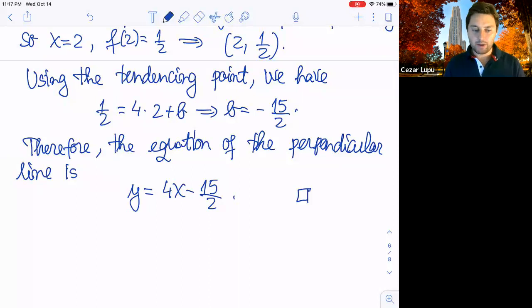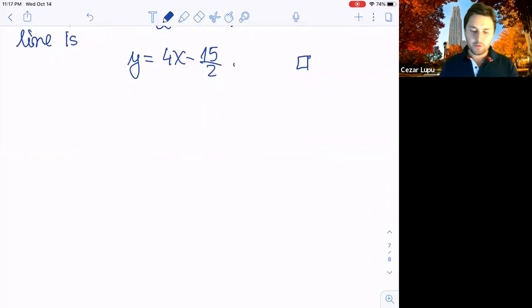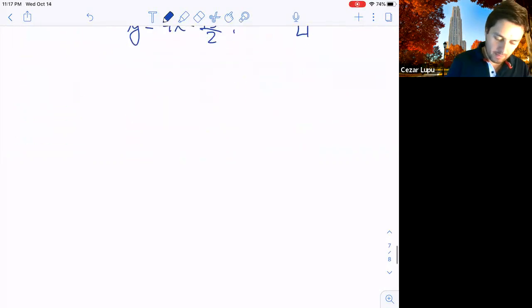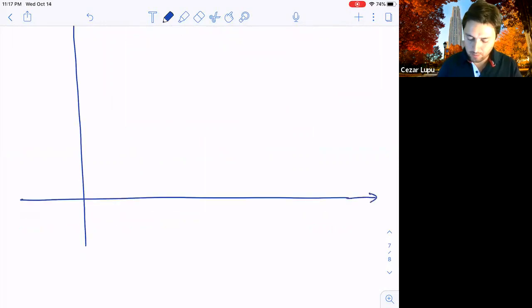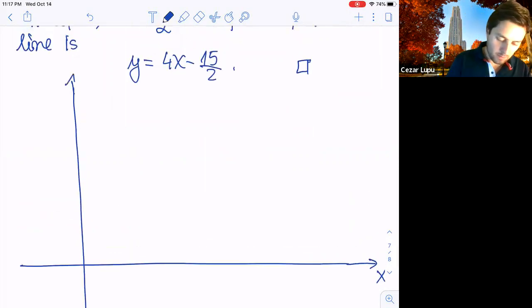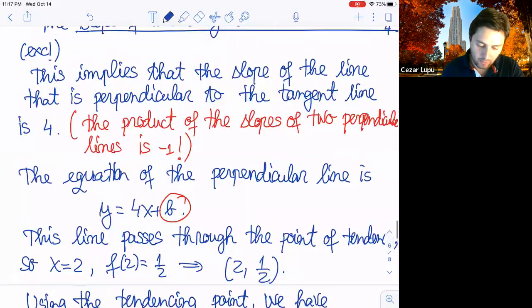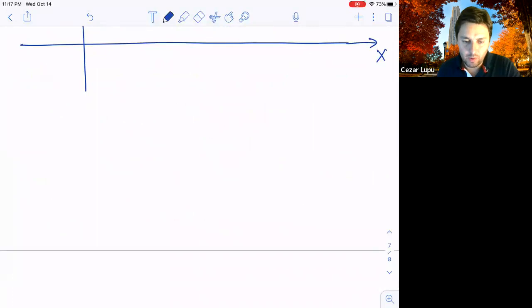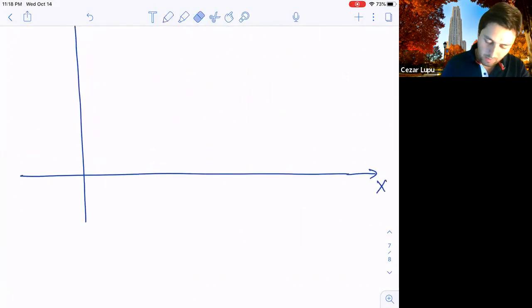Okay, now let me draw a picture so that you can see things better. So remember that we have this function 1/x. Well, maybe the picture is not quite accurate. Let me do it again.